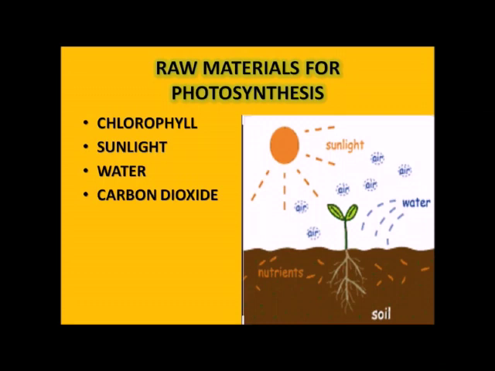Then another important material used for photosynthesis is carbon dioxide. That is why plants take in carbon dioxide from air. We usually say that plants take in carbon dioxide and exhale oxygen. So why do they take carbon dioxide? For the process of photosynthesis.